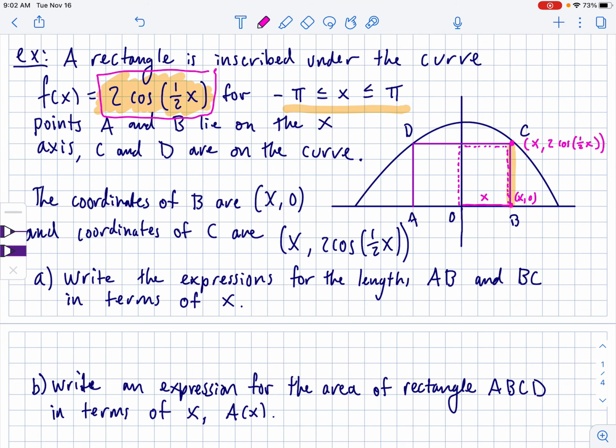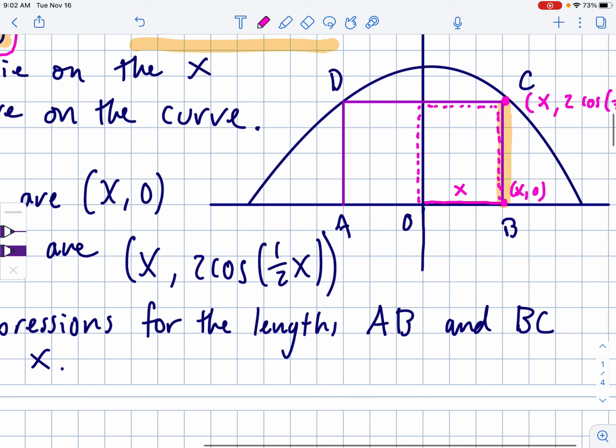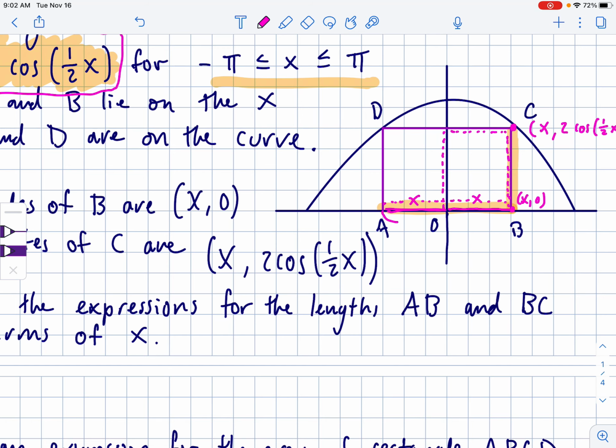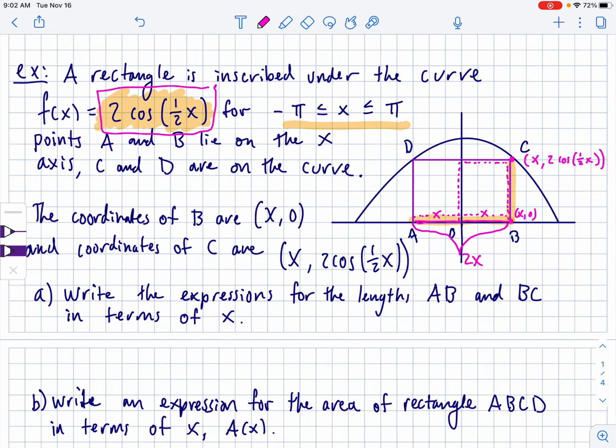Now, part A says write down the expressions for the lengths of AB and BC. Well, if I look at AB, that's this total distance right here. So if this is x on this side, there's another x distance that's the same on this side. So that entire side is going to be 2x.